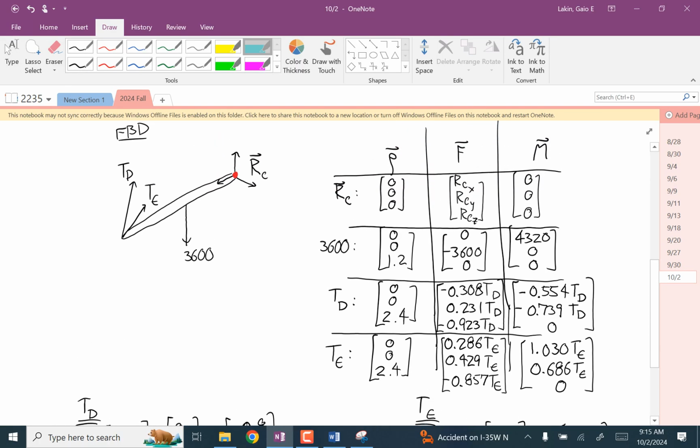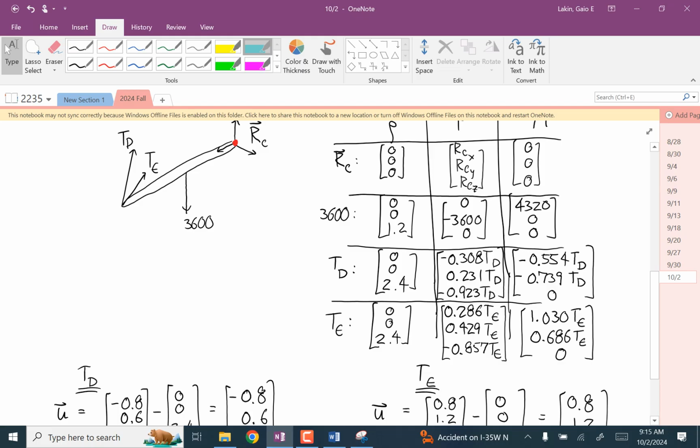And now you can look at what these equations are going to be. You have a bunch of non-zero stuff in each of the force components. So X, non-zero, non-zero, non-zero, Y, Z. When you add up the moments, you have a useful equation for X, a useful equation for Y, but you can see that the Z components just say 0 plus 0 plus 0 plus 0 equals 0. And so that goes away, and you end up with 5 equations for 5 variables.